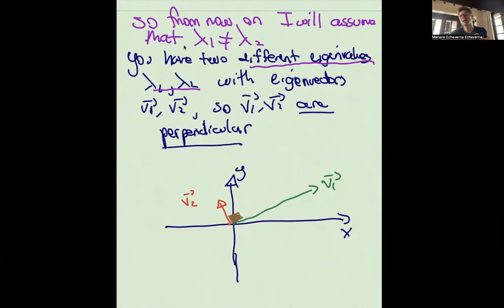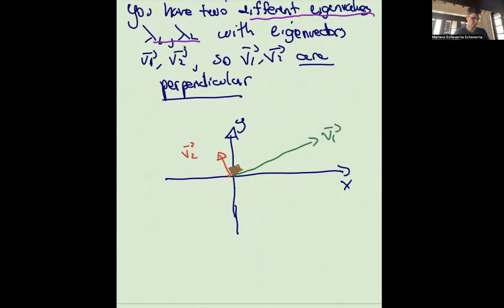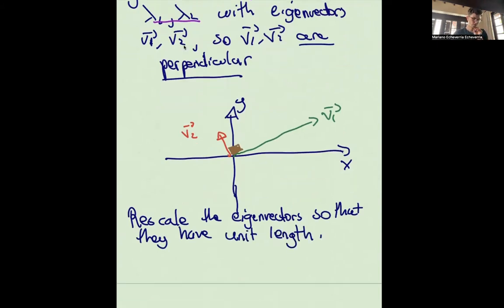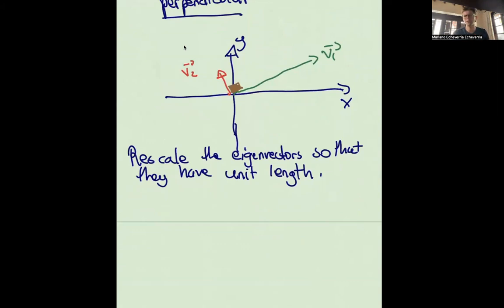Okay, but now you can rescale the eigenvectors so that they have unit length. That you can always do. You can always rescale an eigenvector: you just divide by its length.